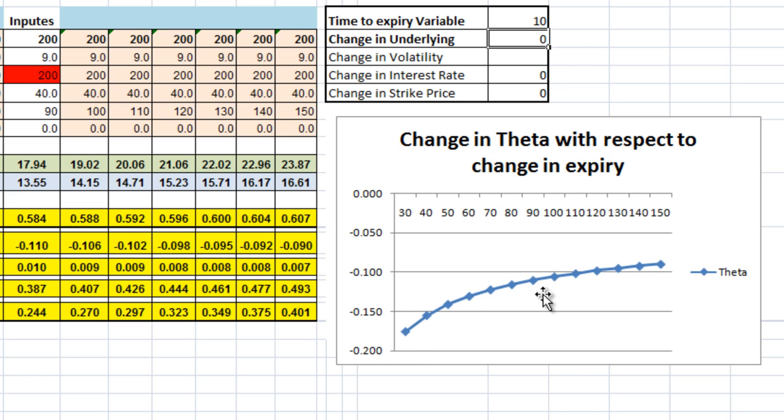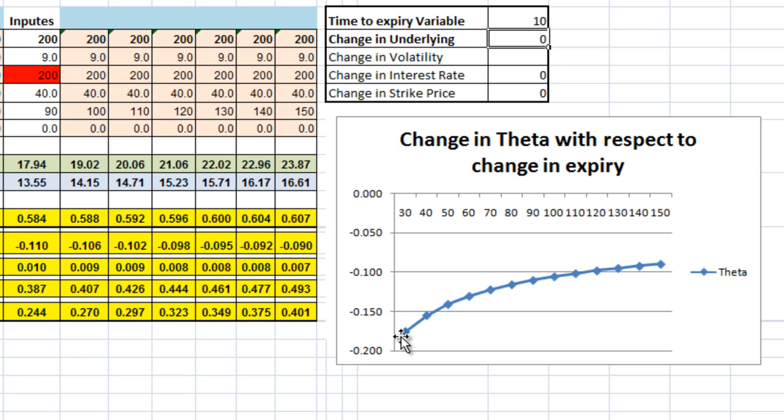Whereas if the contract expiry is very near, the theta will be relatively higher. So there will be more loss of value. So theta is again highly sensitive to the time decay.